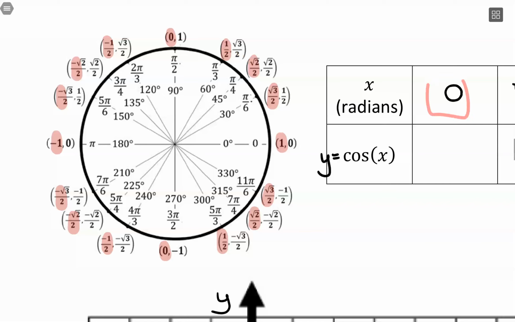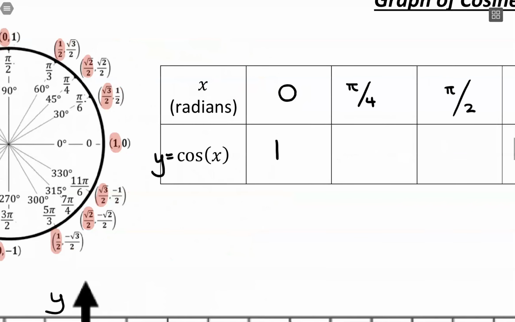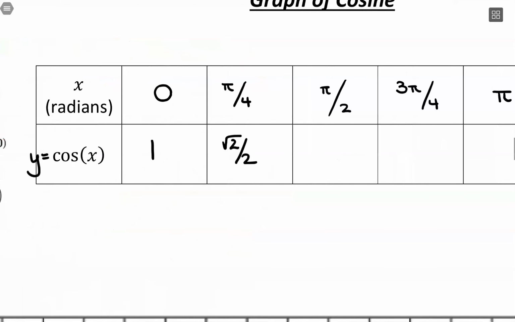When we're at an angle measurement of 0 radians, cosine is 1. When we're at pi over 4, cosine is root 2 over 2. When we're at pi over 2, cosine is 0. At 3 pi over 4, we're at negative root 2 over 2.